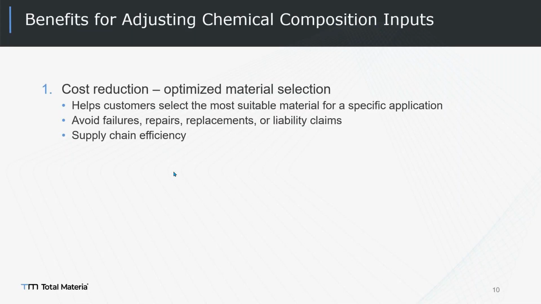And also from a supply chain efficiency perspective, maybe you don't need to use so many different types of materials. You could come to a common ground with some materials based on that chemical composition input, and having that data validated that you're able to create or choose different materials based on your design parameters.